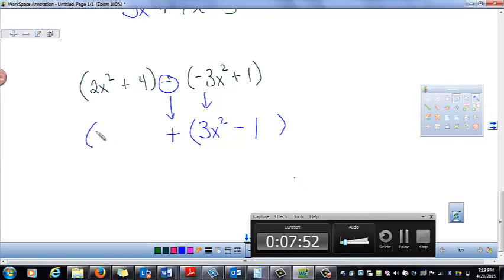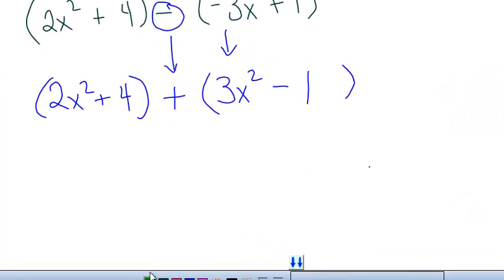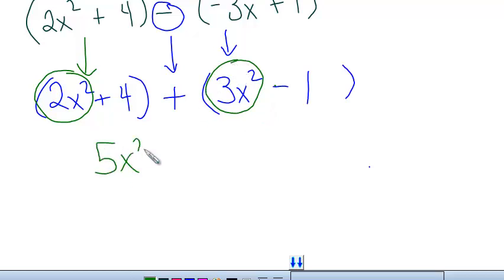And the first one you keep as 2x squared plus 4. So this one stays the same, this one you change. So now you can add your ones that are the same. 2x squared plus 3x squared, that gives me 5x squared. Then I have 4 plus negative 1, so they're different, so I subtract, so it's going to be 3, and it's going to be a plus because 4 is bigger.